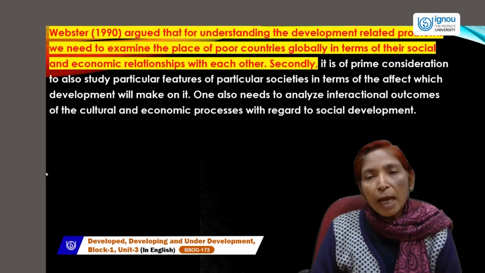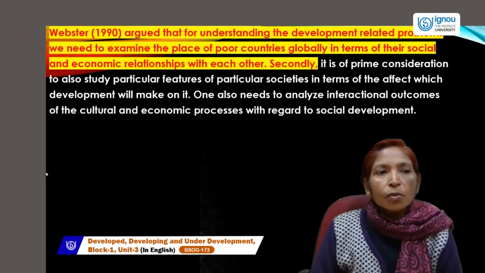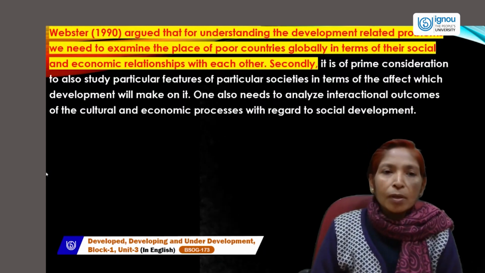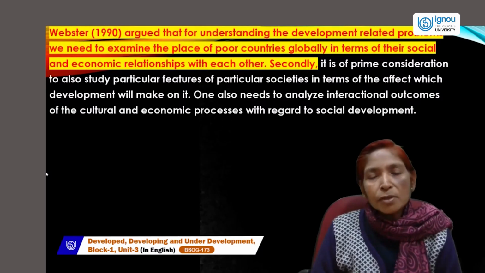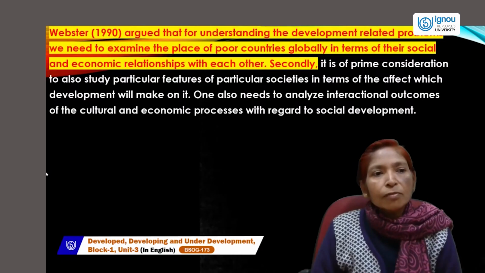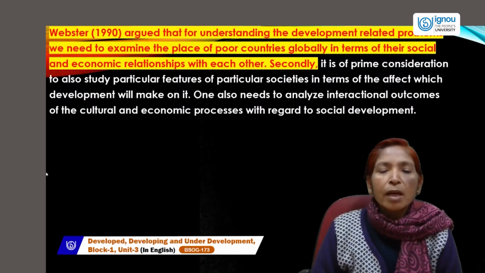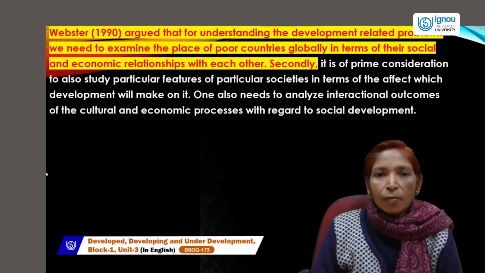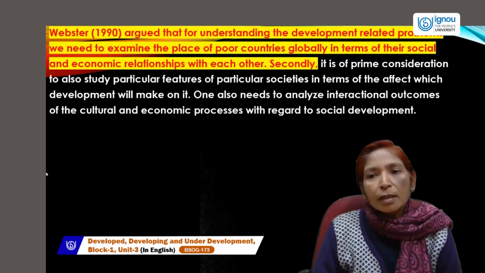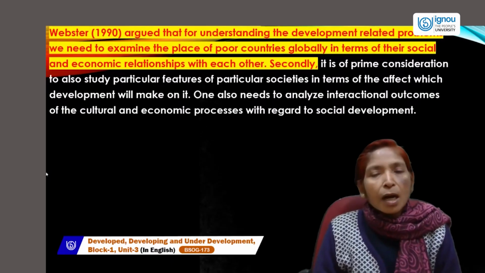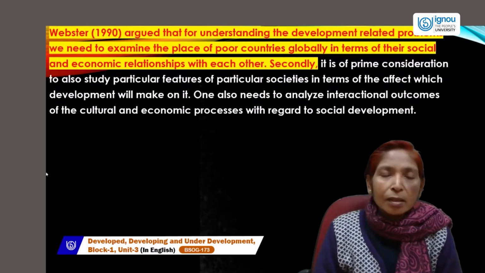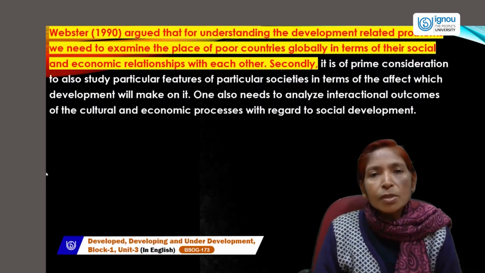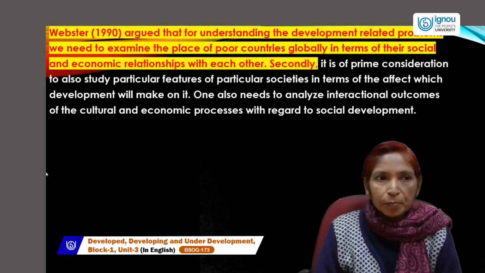Secondly, it is of prime consideration to also study particular features of particular societies in terms of the effect which development will make on it. One also needs to analyze interactional outcomes of the cultural and economic process with regard to social development.